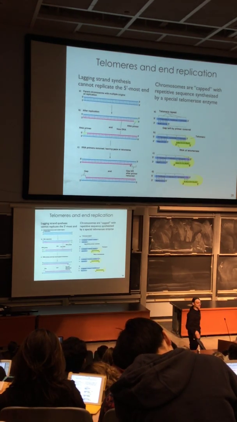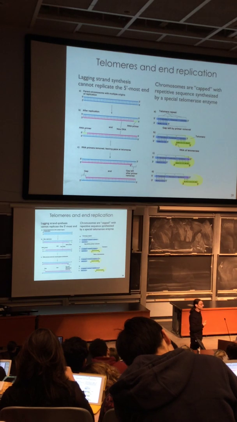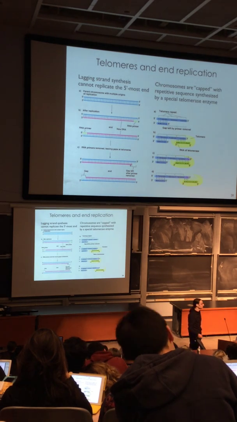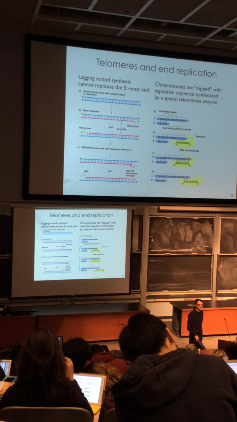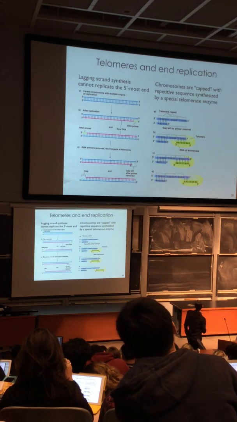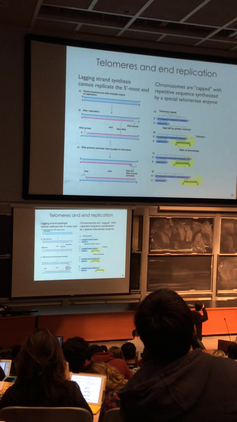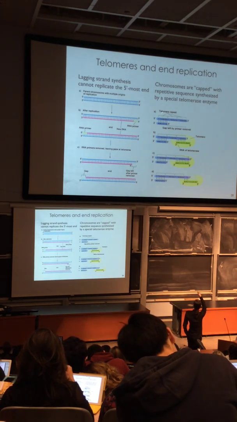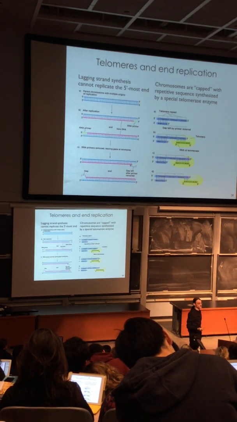Eukaryotes solve this problem by placing a special structure called a telomere on the end of these linear chromosomes. Telomeres are a repetitive sequence with no important genetic information in them. They're synthesized from an RNA template by an enzyme called telomerase, and they're many, many repeats of the TTGGGG sequence, at least in humans.